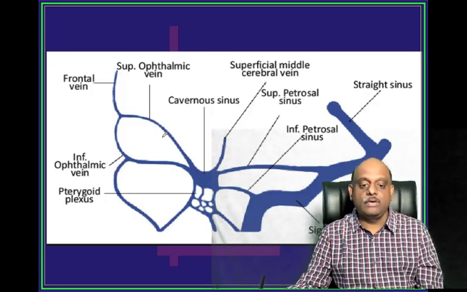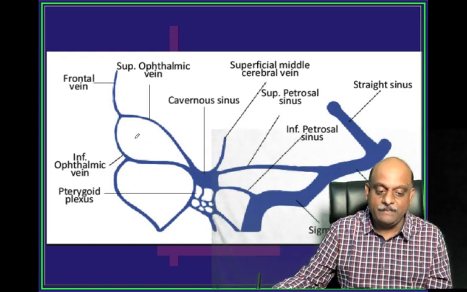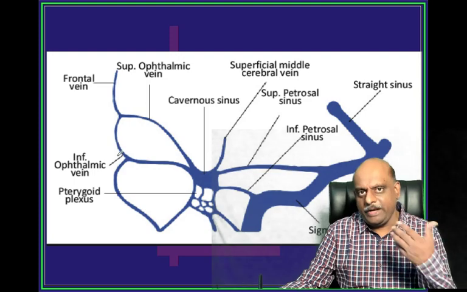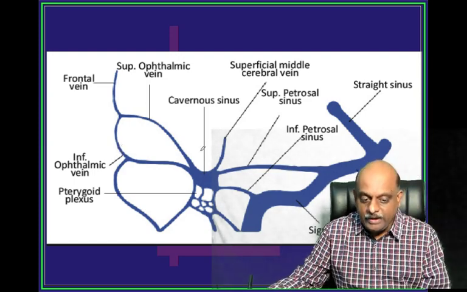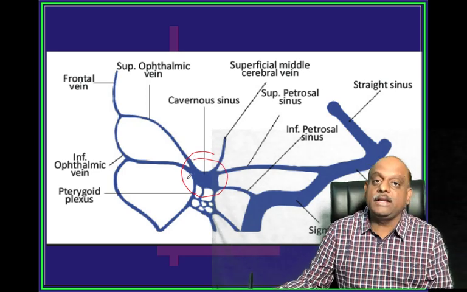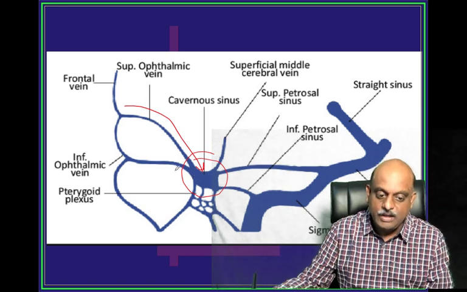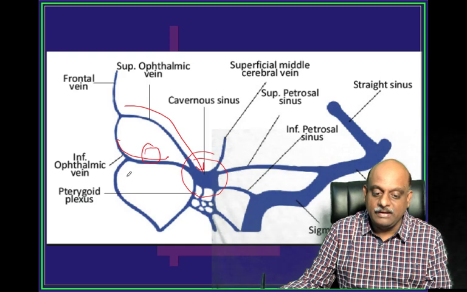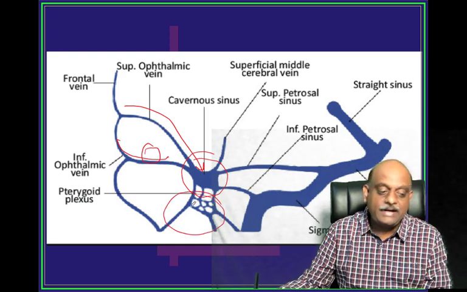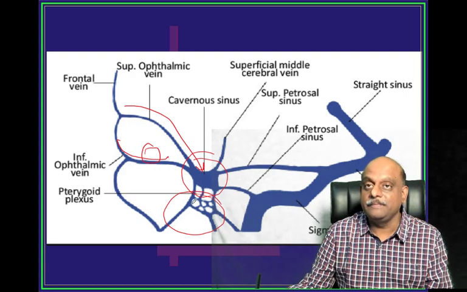So now let's look into it, doctor, this very important anatomical story. Once more, I'm trying to reinforce the same thing from different views. This is your cavernous sinus, superior ophthalmic vein directly communicating, then inferior ophthalmic vein directly communicating, and the pterygoid plexus here also directly communicating.